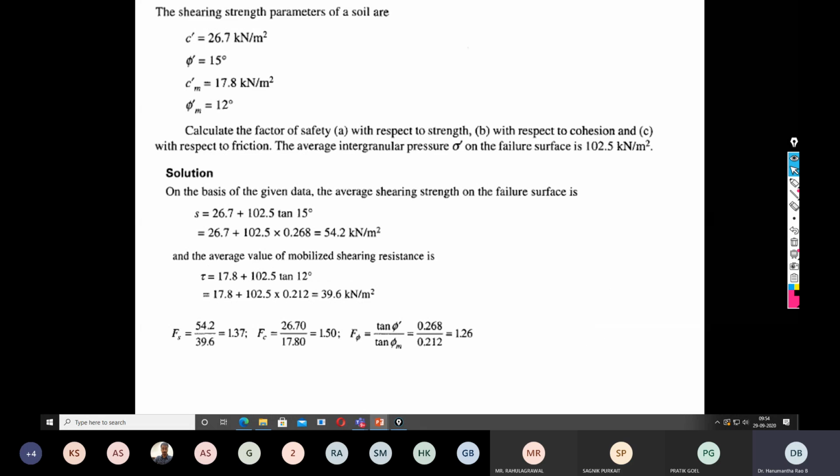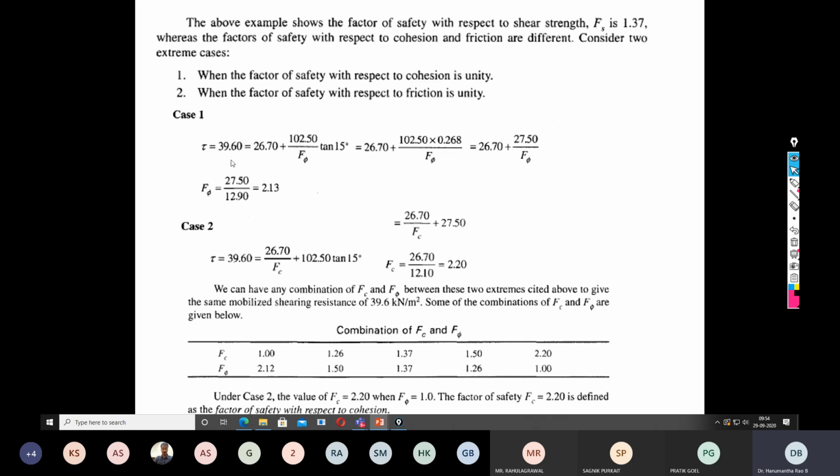Here the shear resistance is 39.6, and if you are assuming case 1 where the factor of safety with respect to cohesion is unity, then we can determine the factor of safety with respect to the friction. And case 2, when the factor of safety with respect to the friction is unity, then what would be the value of the factor of safety with respect to the cohesion?